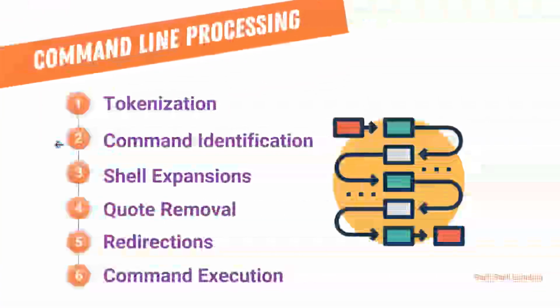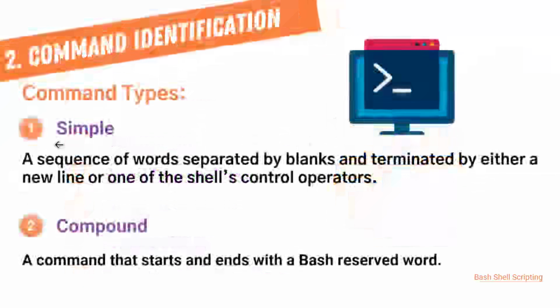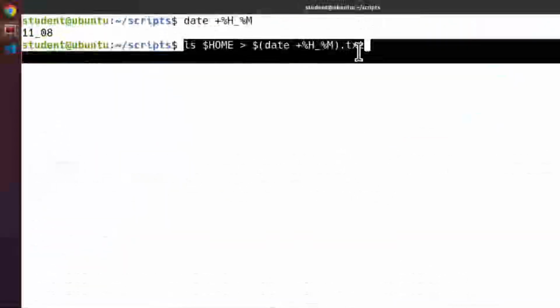After tokenization, the shell will move on to the second step, which is command identification. There are two types of commands: simple and compound. A simple command is just a sequence of words separated by blanks and terminated by either a new line or one of the shell's control operators, and a compound command is a command that starts and ends with a Bash reserved word such as if, while, for, and so on. This is a simple command because it doesn't start with a reserved word.